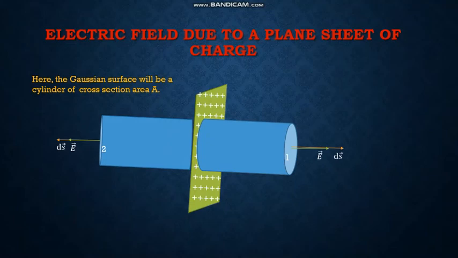But for the curved surface, the electric field is perpendicular to the area vector, that is, the angle between electric field and area vector for the curved surface is 90 degrees. The total electric flux through the cylinder will be equal to the sum of the electric flux through each surface of the cylinder.